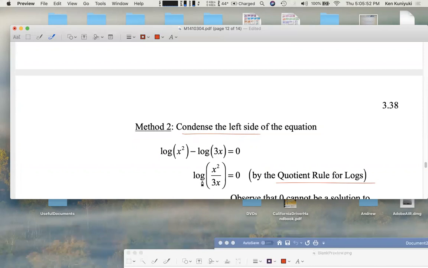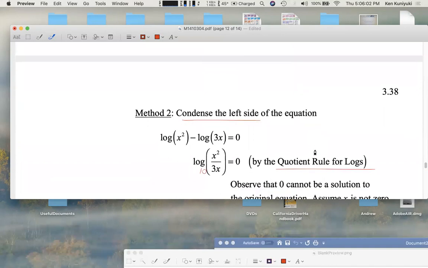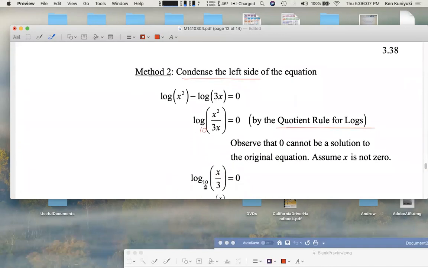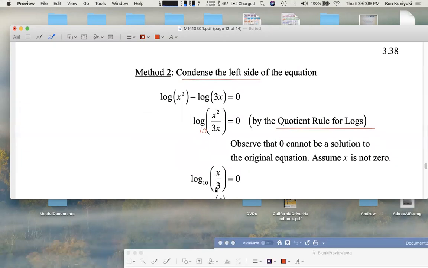Now here, let's remember that the implied base here is 10, right? It's a common log. If you don't see a base, and it's not generic, we assume it's 10, all right? So we get log base 10 of x over 3 equals 0. Over here in my work, I went ahead and canceled: x squared divided by x, we get an x on top.